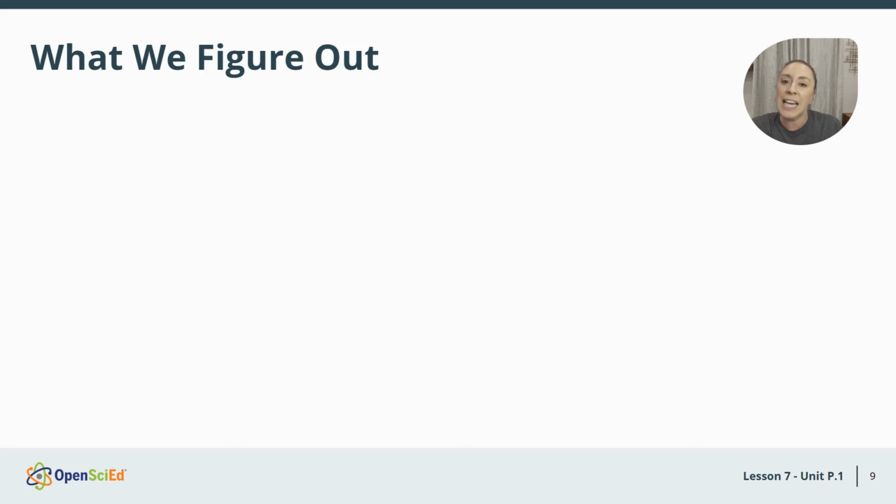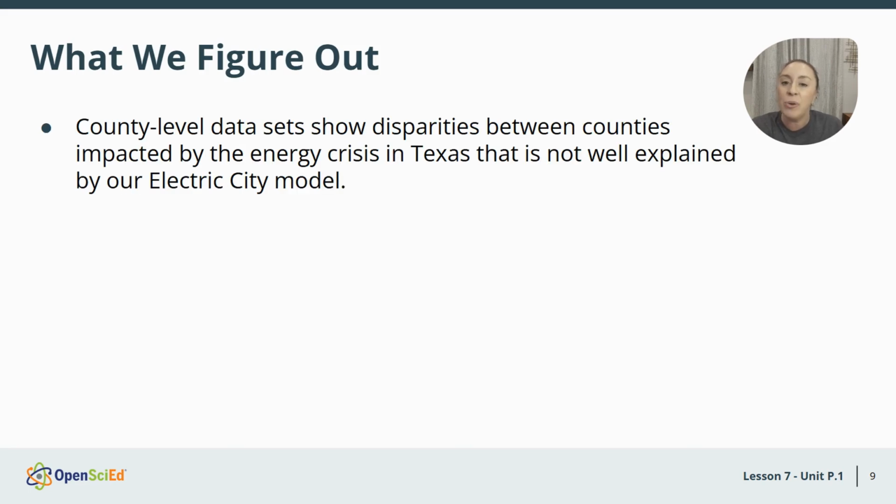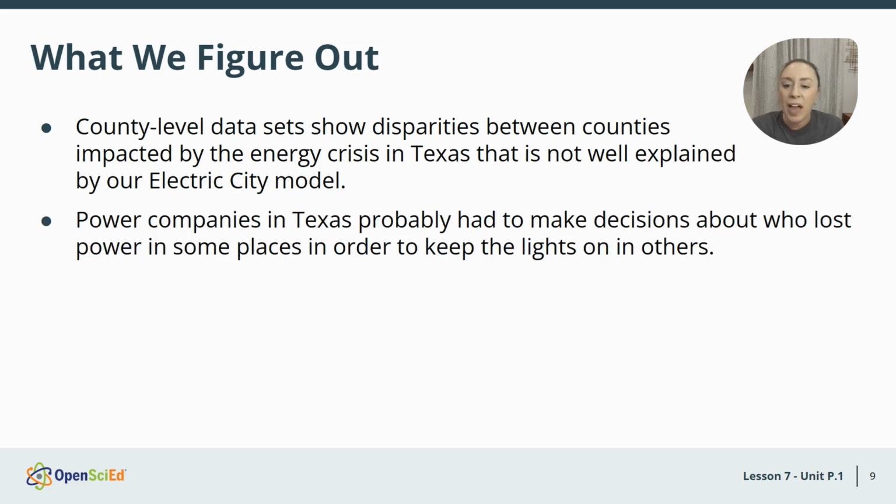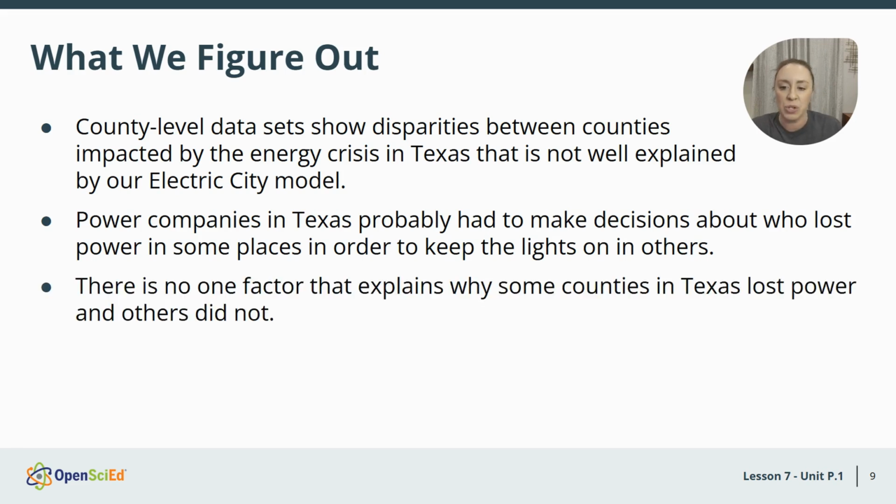So we walk away in lesson 7 figuring out that the county level data that we looked at with this CodeApp data exploration tool shows that there's some disparities between counties, but we can't really explain that well with our electric city model, and we don't really understand well the causes of those disparities at a county level. We realize that power companies in Texas had to make some choices about who lost power and who did not, but we're, again, unsure how they made those choices.